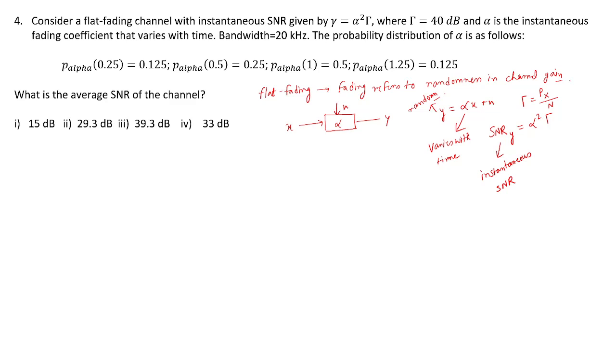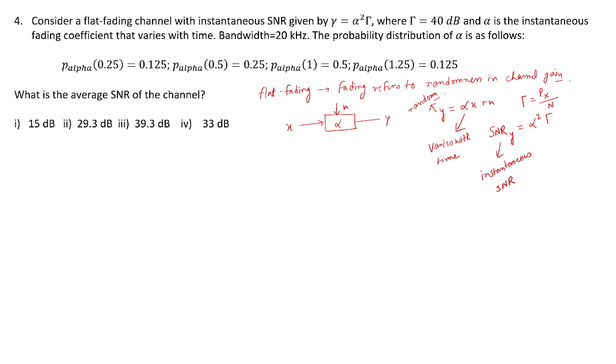So as alpha varies, the SNR of Y at different time instants keeps varying. So the SNR is not fixed across time instants.